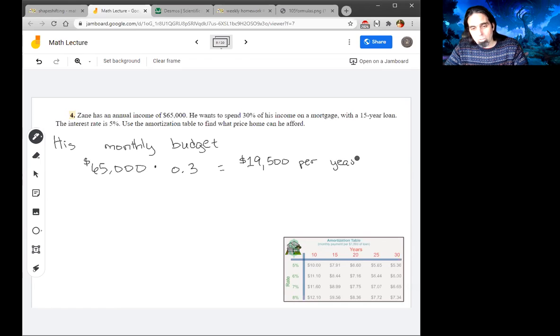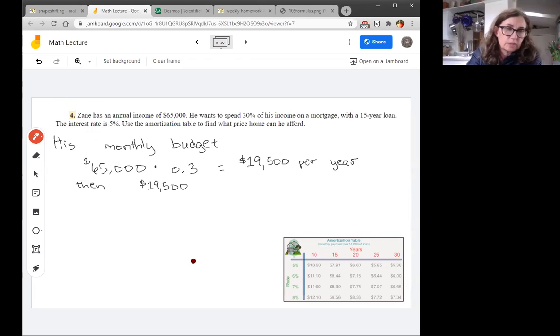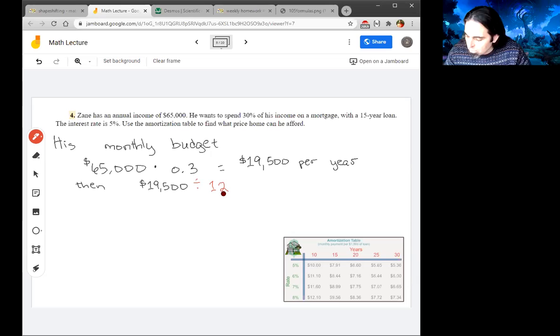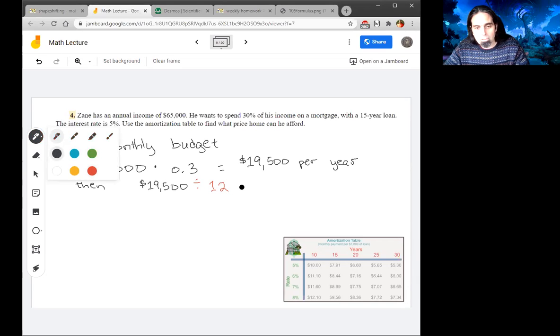So how do we find out what he can spend per month? You divide it by 12. So 1,625.